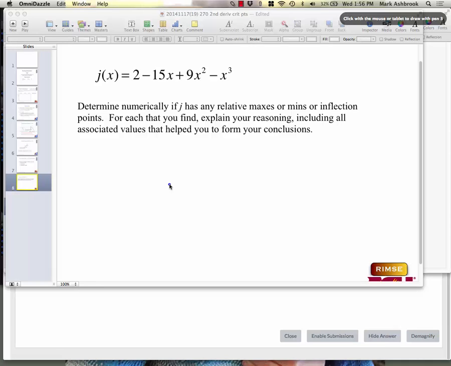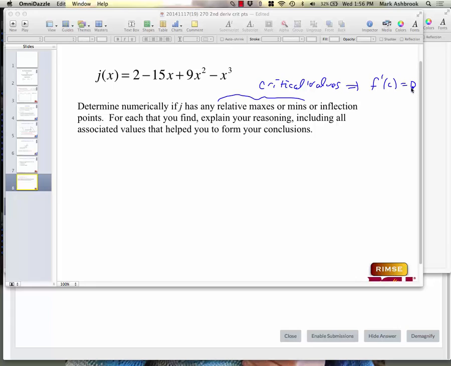So what's true at a relative max or relative min? What is true? Right. We're looking for critical values. That's critical values, and that is where, we just said, we're looking for the first derivative to be zero or undefined.